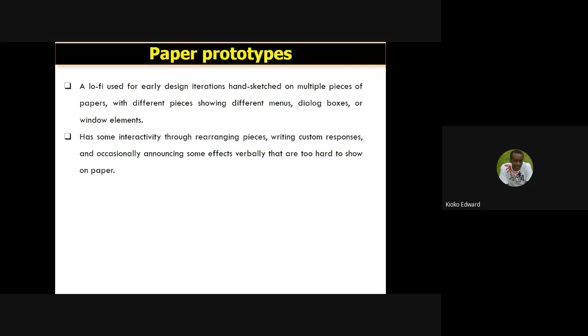The problem with the paper prototype is that most of these things are very hard to show in a verbal way, and therefore getting the right feedback might be a challenge if you are dealing with very complex software. So a paper prototype can be tested since we can ask the user to do a certain role, and then we watch how that user is able to do that particular role within the system.